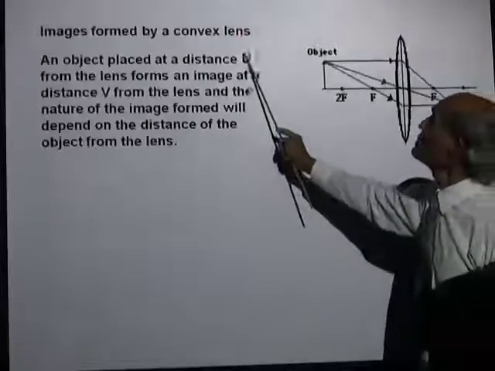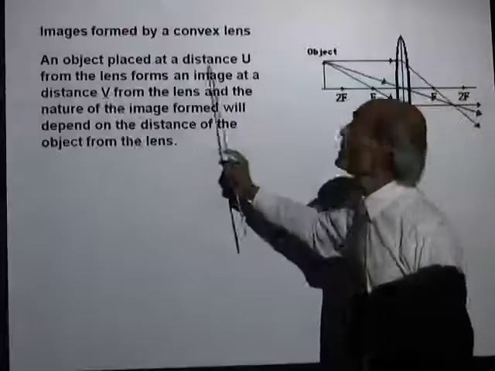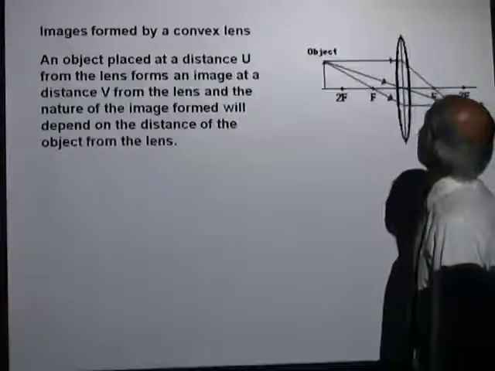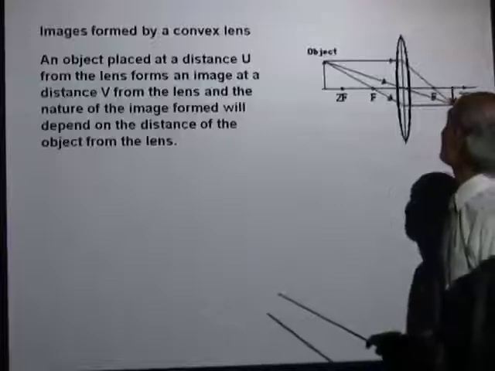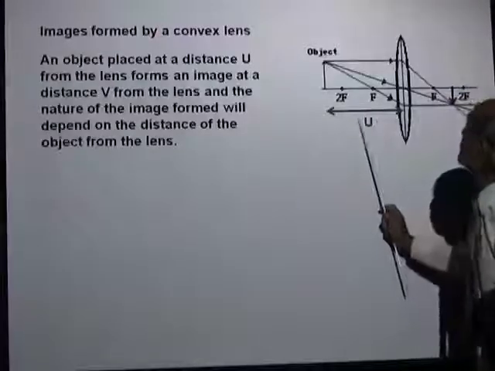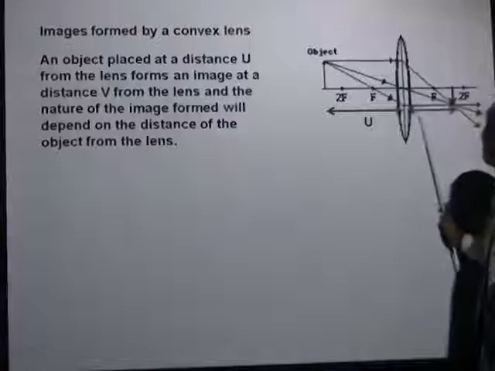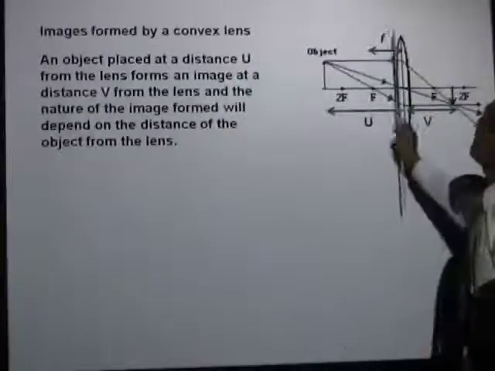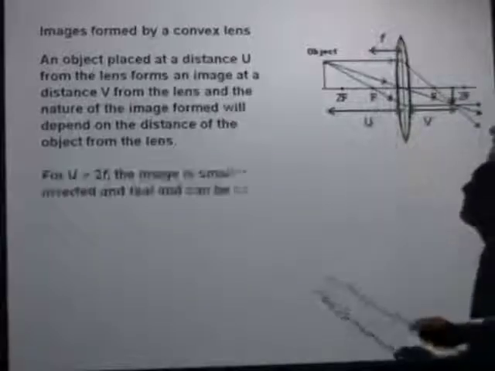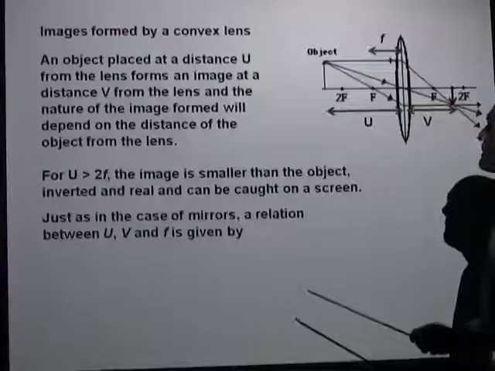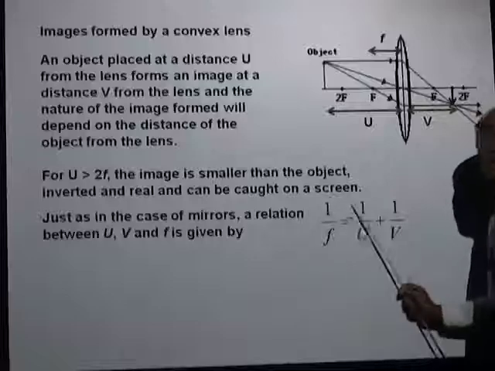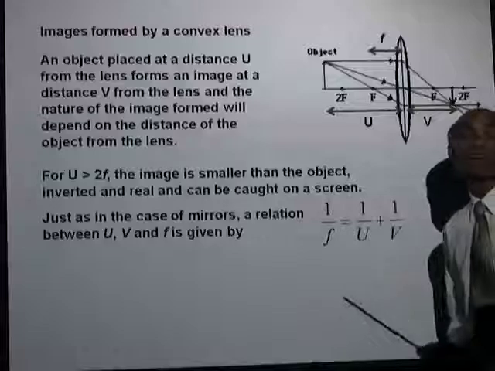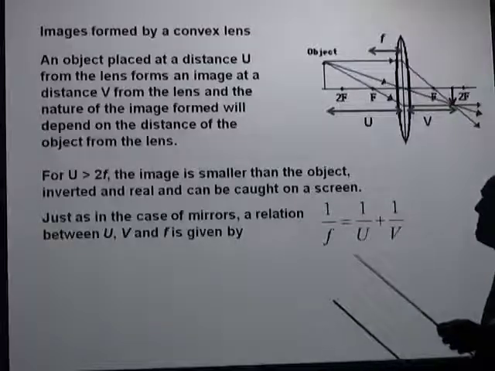In the same way as we used for the mirrors, if u is the object distance, v is the image distance, and f is the focal length, then we have 1 over f equal to 1 over u plus 1 over v, which is the same as in the case of the mirrors.